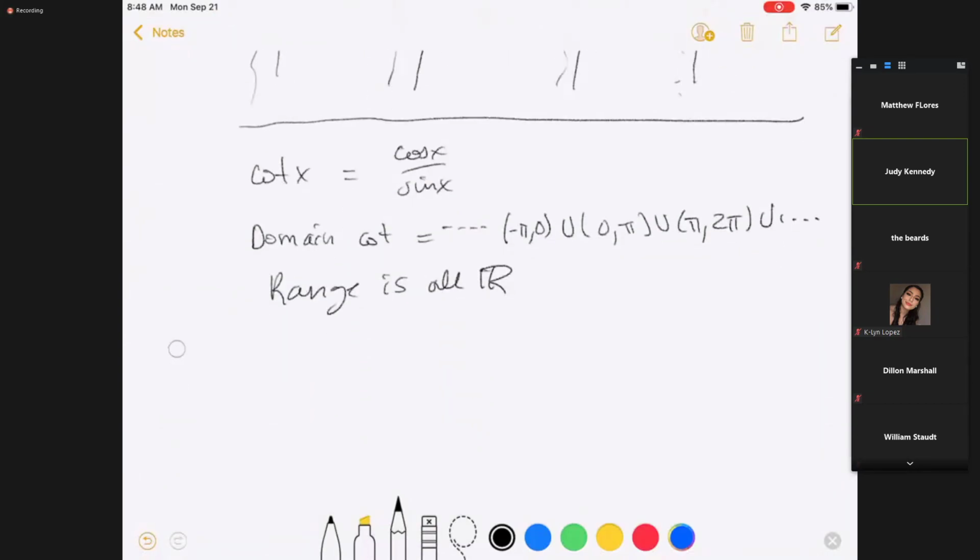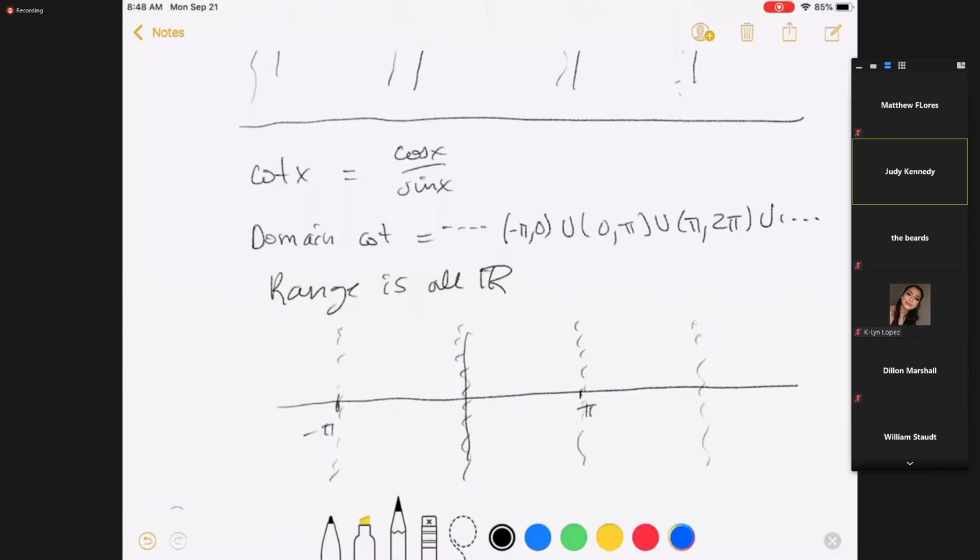So, and its graph, well, the y-axis is actually a vertical asymptote for the cotangent. So, right over it, okay. All integer multiples of pi are asymptotes.